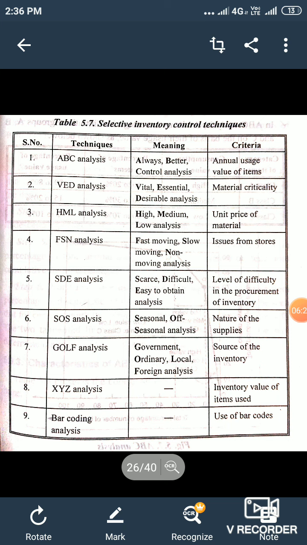Last one is barcoding analysis. Barcodes are a series of alternate vertical dark and light strips of spaces with varying thickness.